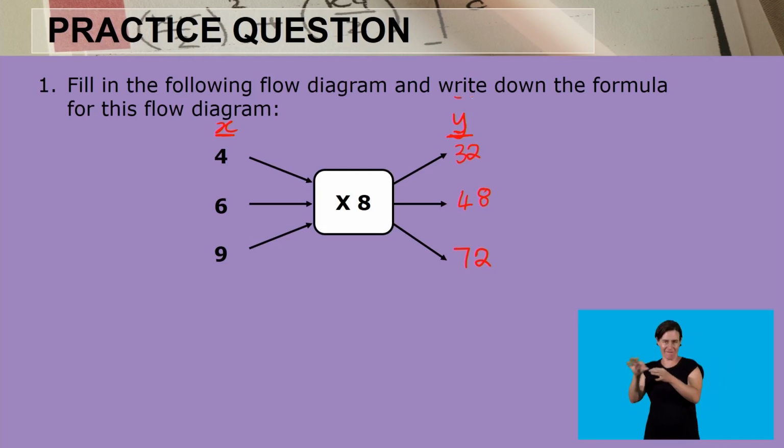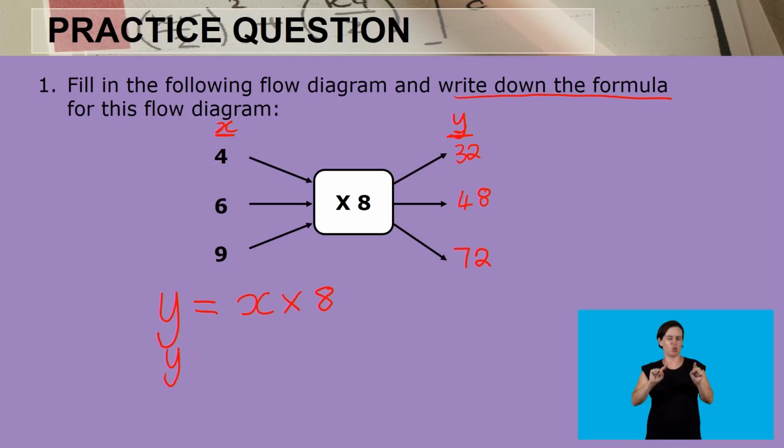Now we need to write down a formula for this flow diagram. Remember, a formula is the rule represented using symbols. So we are going to represent our flow diagram using those symbols. We know that the output value was obtained by taking the input value and multiplying it by 8, and that is our formula.